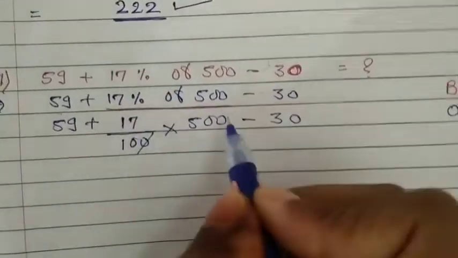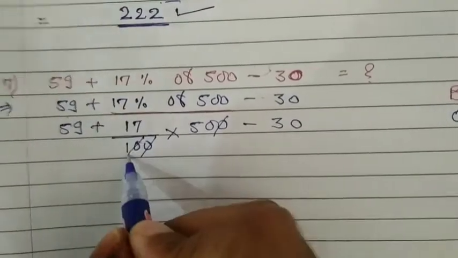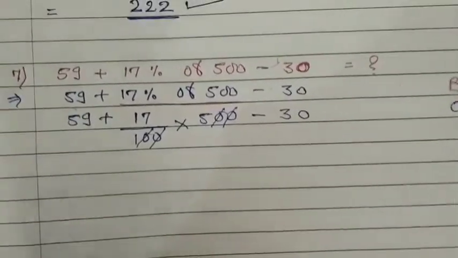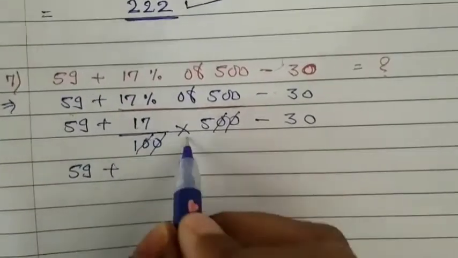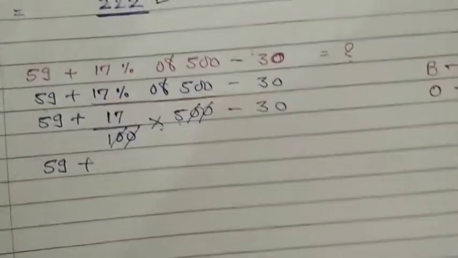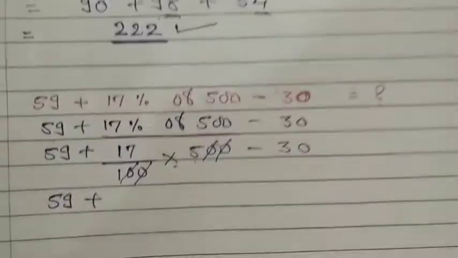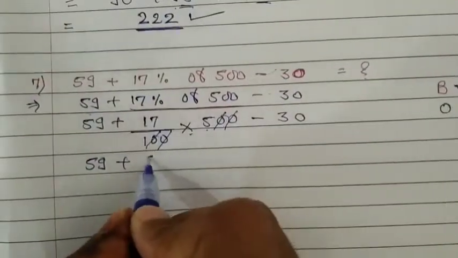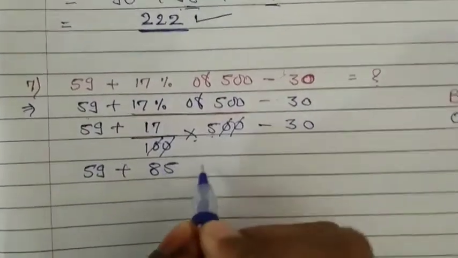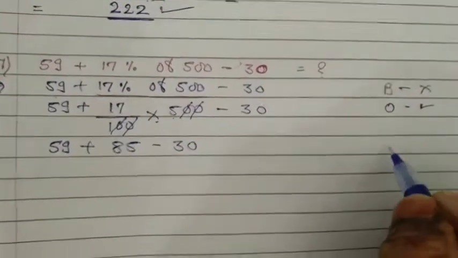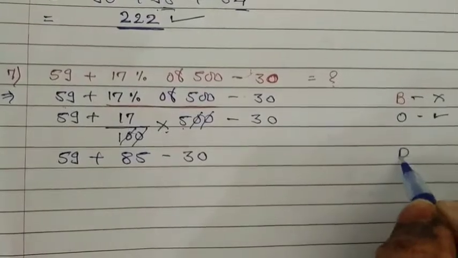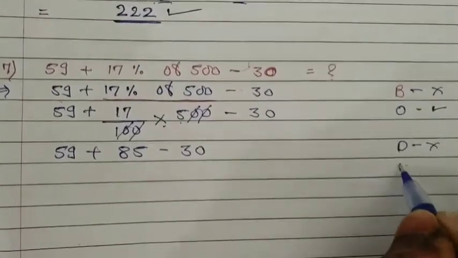This 0 cancels out, this 0 cancels out. 59, 17 multiplied by 5, how much? 85, minus 30. Then division is here? No. Multiplication is here?